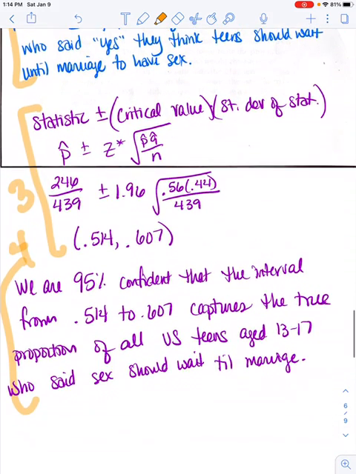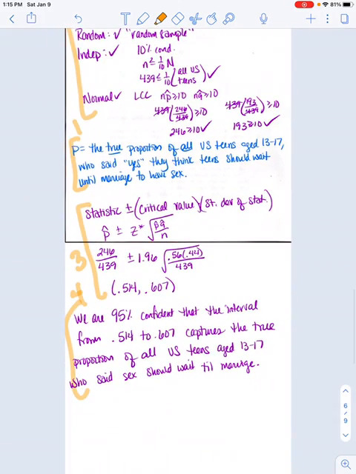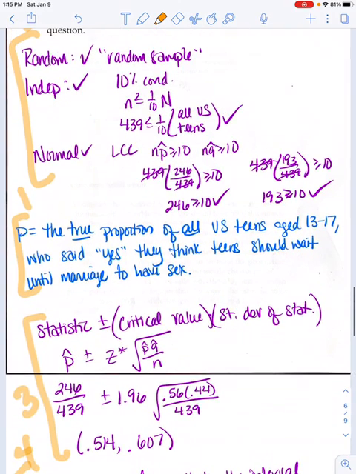Then do your conditions. Then find your interval, words, letters, numbers. Then write your sentence. Now, this is just what I want. If you forget and roll into your conditions and say, oh my God, I forgot to state my parameter, forgot to do number 1, it's okay to do it out of order. If it's on the paper, it's going to get graded.